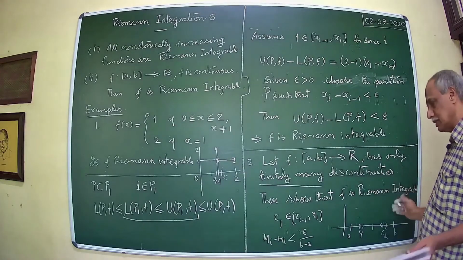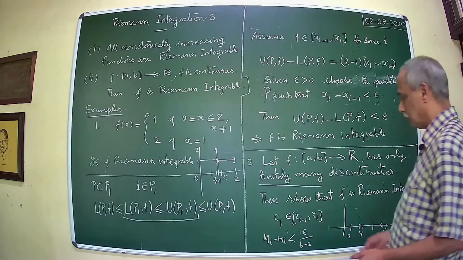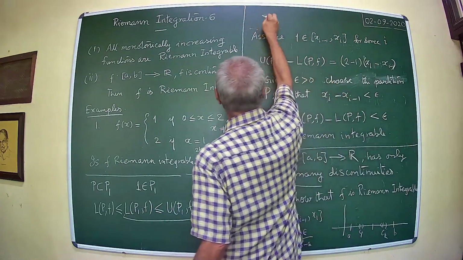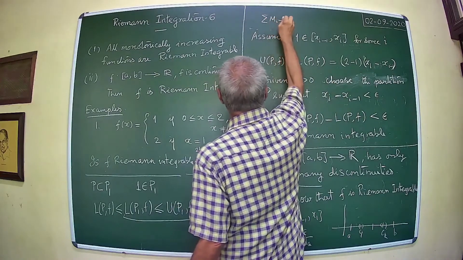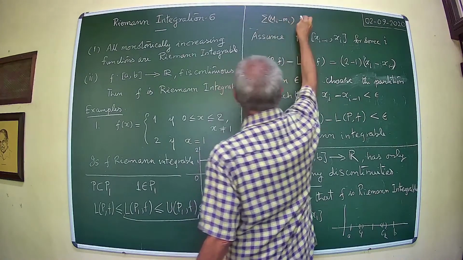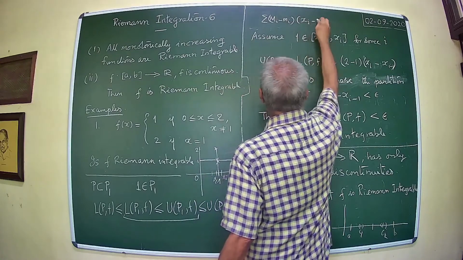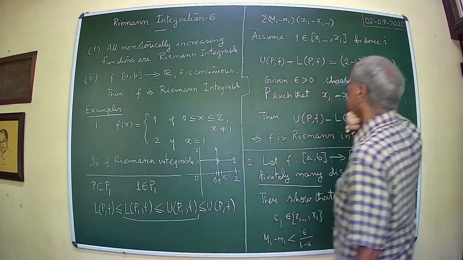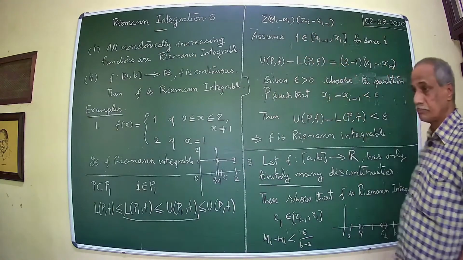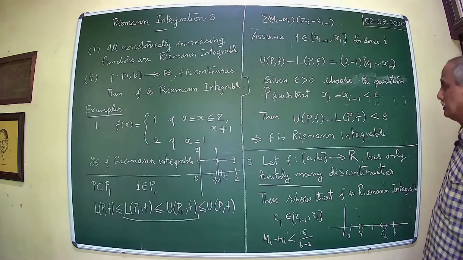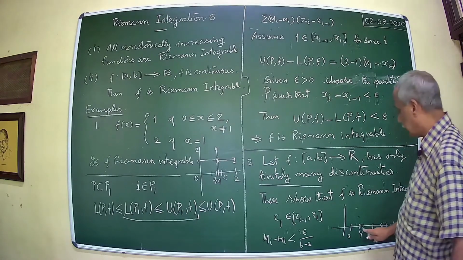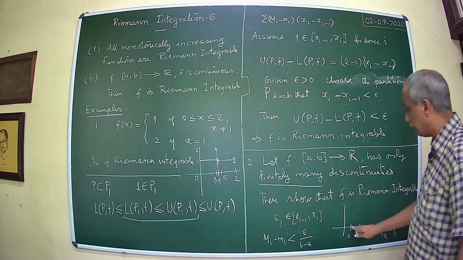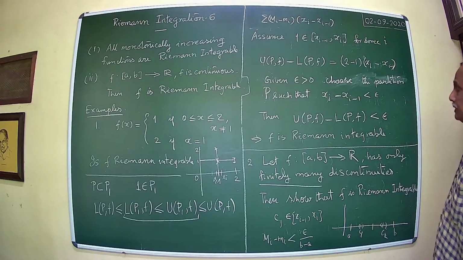So it is something like this. In general, it is going to be a sum like this, sigma. So you split this sum into two parts. One for intervals which do not contain the discontinuities, and one for the intervals which contain the discontinuities.